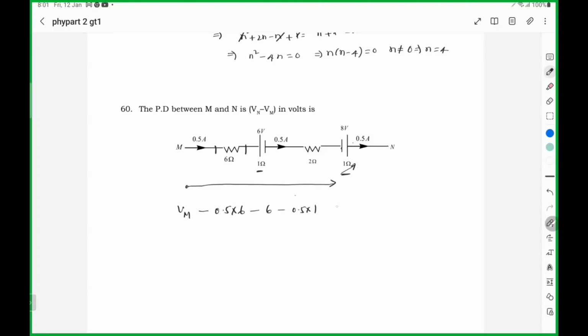Here it is 2 into 0.5. From lower to higher there is a potential gain, across the resistor a potential drop.